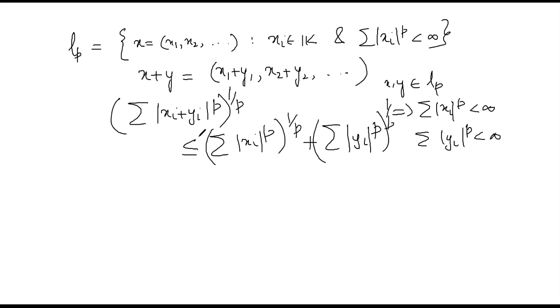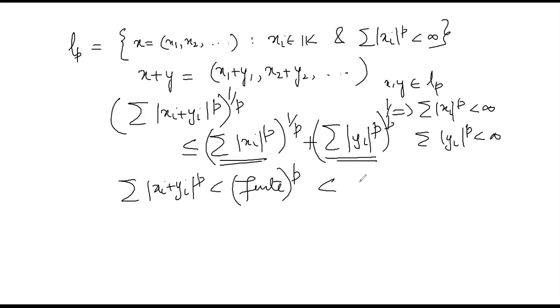Now remember that everything on the right-hand side is finite, and the pth root of a finite thing is finite. Which implies that summation xi plus yi raised to power p is less than finite raised to power p, which is of course finite. So this sum is also pth power summable. And so is the scalar multiplication.